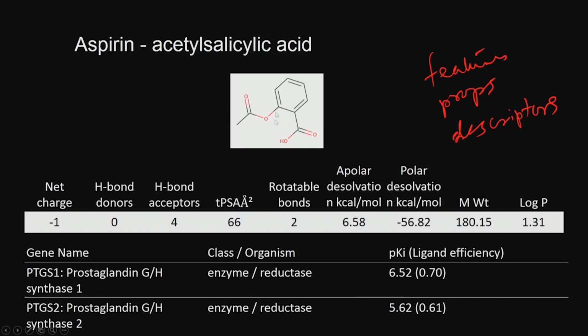Similarly, for each chemical structure we can have a large number of properties. We are going to talk about them later, but molecular weight is one easy property which you all know about. It has got two rotatable bonds. So we will talk about these properties later.